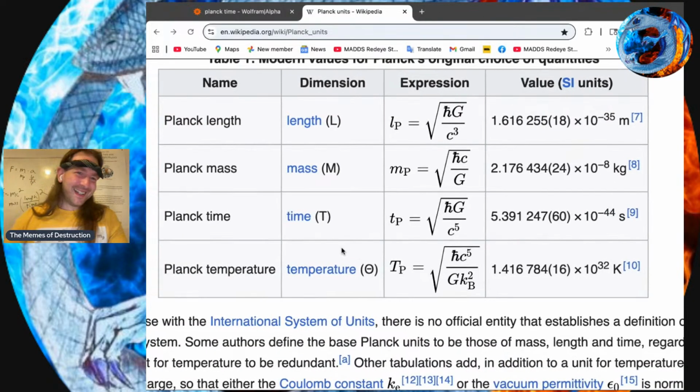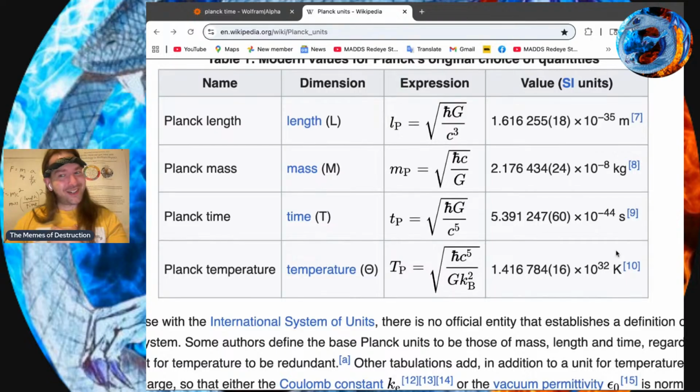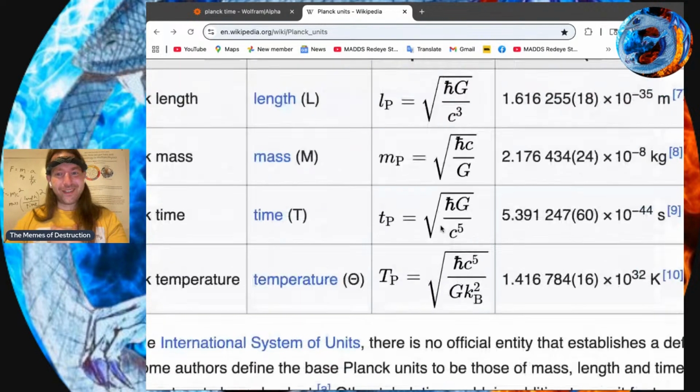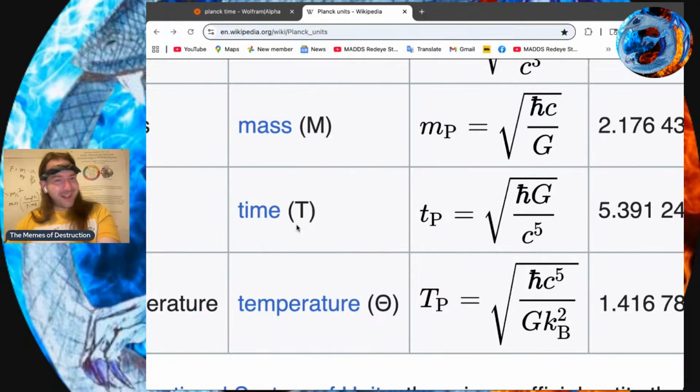Someone's going to be like, "You would." I've never successfully completed an entire physics class. Believe me, unless you consider the Wolfram Physics Project a physics class, more like a series of different lectures and interesting discussions. Okay. So it is defined by Planck time, and again, I'm just saying it's using small t there. Then again, whatever.